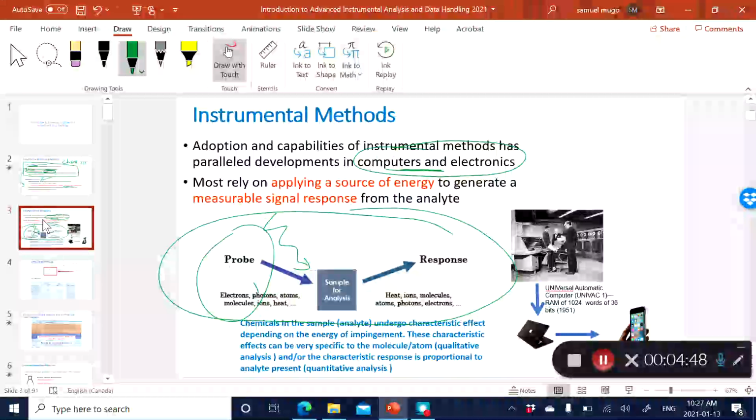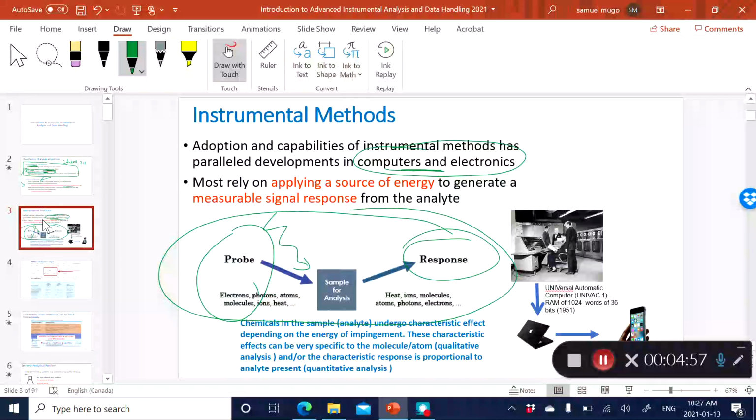And the electrons in the chemicals undergo certain types of interactions, and you can measure the resulting interaction using a detector. So remember, these characteristic effects can be very, very specific for the molecule or the atom under investigation.